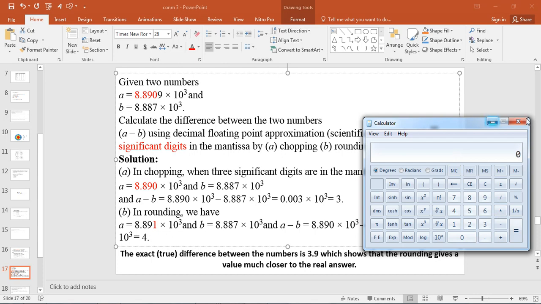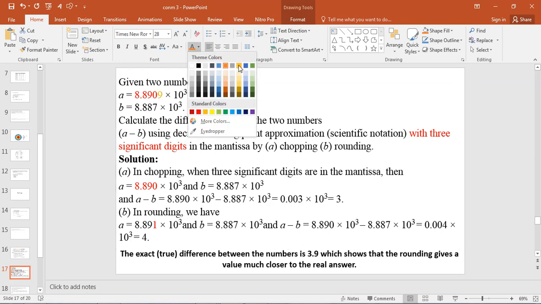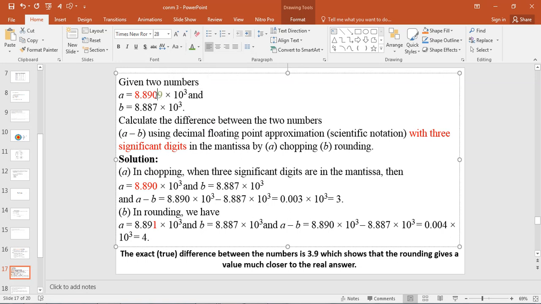In the next one, what do I have? I have rounding off. In rounding off, see this particular value, this is 9, isn't it? And what I'm going to do is replace this with 1. So I have rounded off. So if I round it off, then what will happen? Let's see.